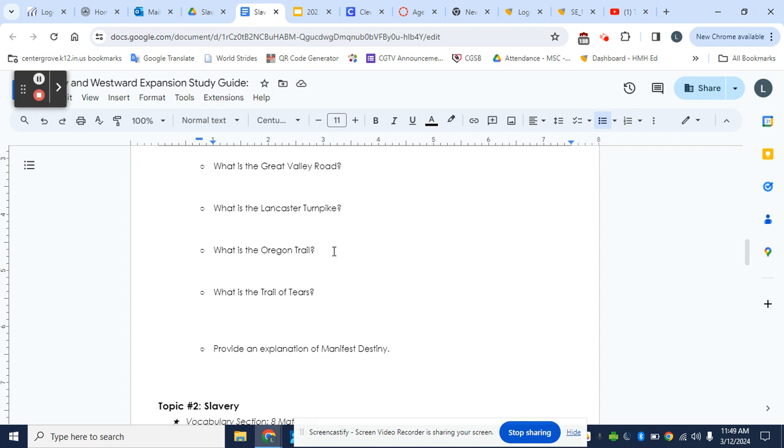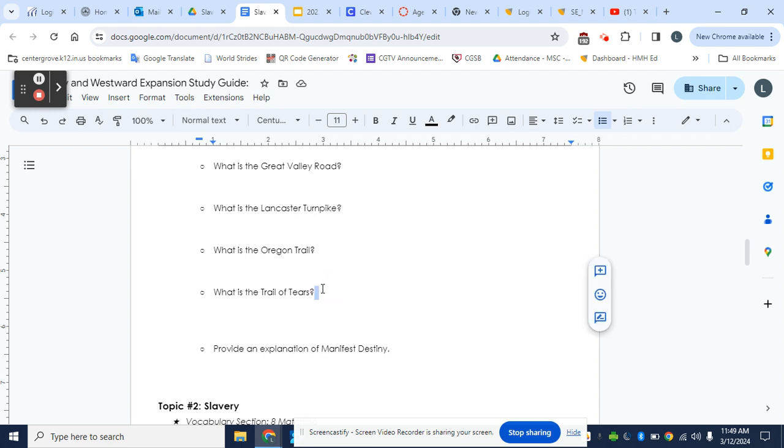So the Oregon Trail traveled through places like Missouri, Nebraska, on north into the South Dakota area, Montana, Idaho, all the way out to Oregon country. So the Oregon Trail leads to Oregon country.